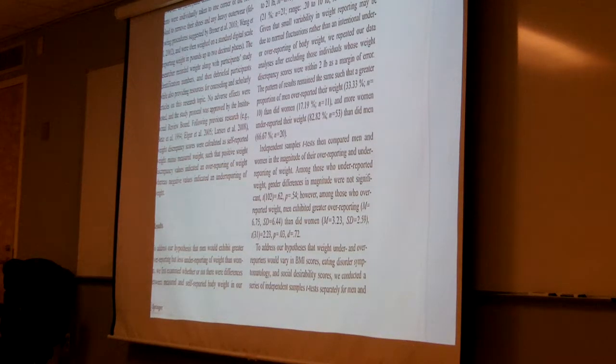Probably you see this kind of multiple reporting of statistics when they did a primary analysis and submitted what they thought was a good analysis, and then a peer reviewer came back and said, you need to check something. I'm not convinced. You didn't take into account margin of error. I want you to rerun the numbers with all the people who were within 2 pounds taken out, because I'm not convinced. So they have to include all of the numbers.